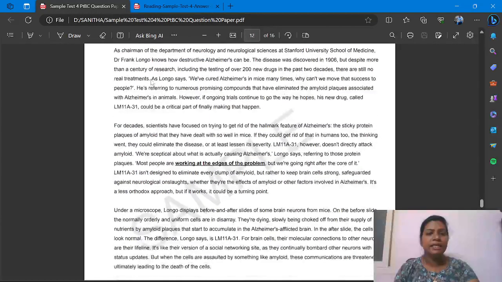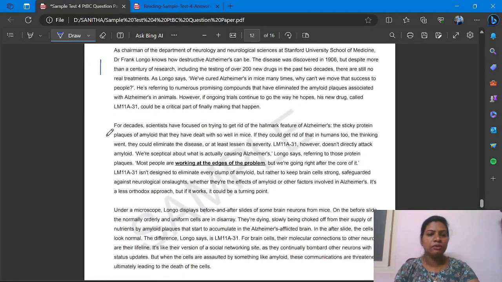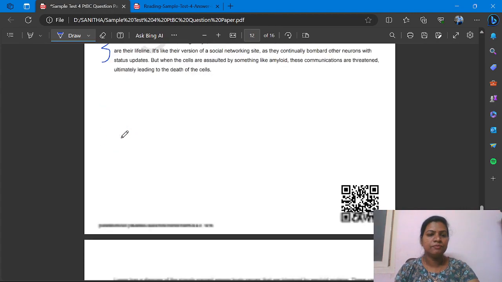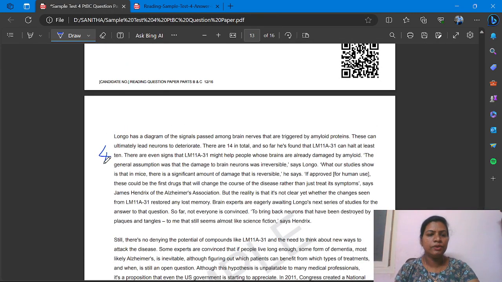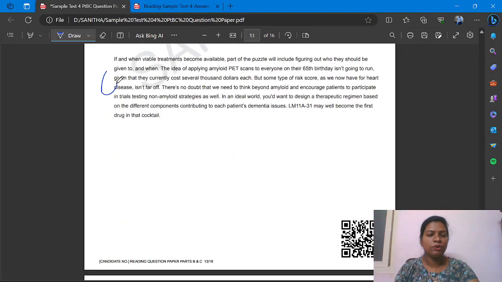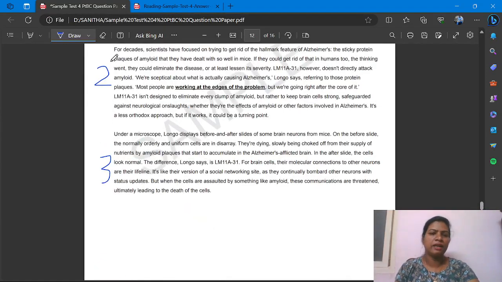Then put paragraph numbers: 1, 2, 3, 4, 5, 6. Total 6 paragraphs. Very, very important, first technique: read the title and put paragraph numbers.